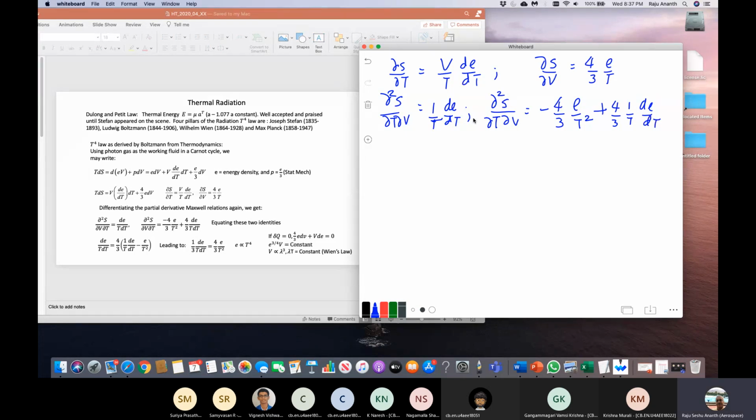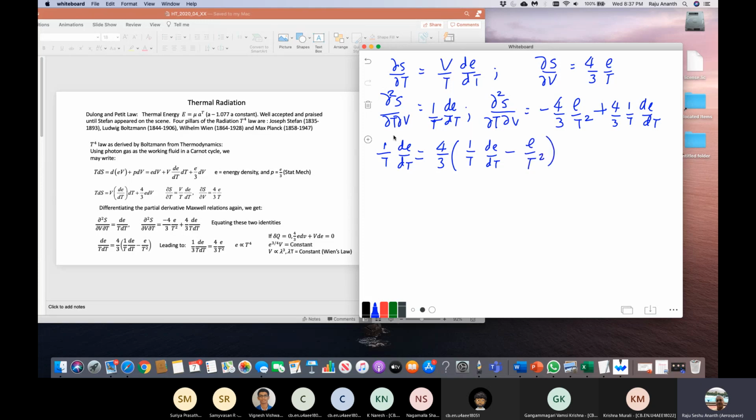So basically these should both be equal to the same. So 1 over T dE/dT is equal to, I take the 4/3 out, 1/T dE/dT minus E/T squared. Everybody following this?